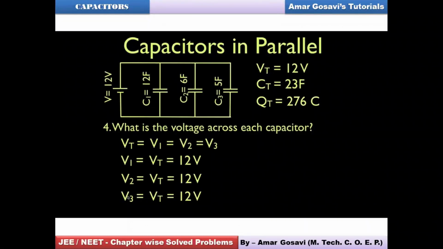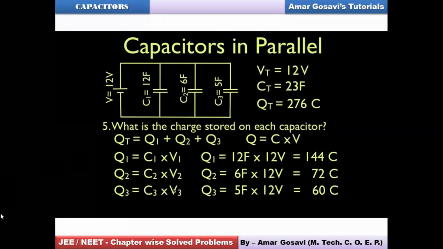Okay, I believe you have noted this down. Now, when it comes to the fifth part, the total charge stored will be Q1 plus Q2 plus Q3. From the basics, we know Q is given by C into V. Correspondingly, Q1 would be C1 V1, Q2 would be C2 V2, and Q3 would be C3 V3. But V is same across all three, 12 volts.